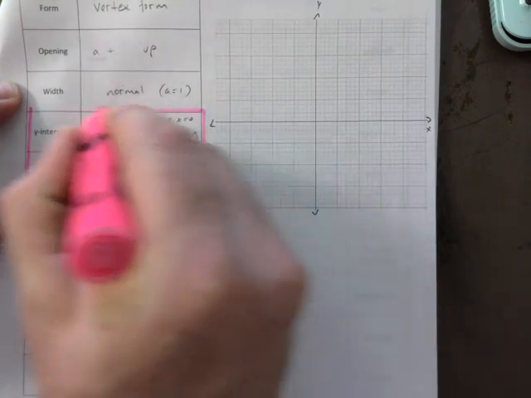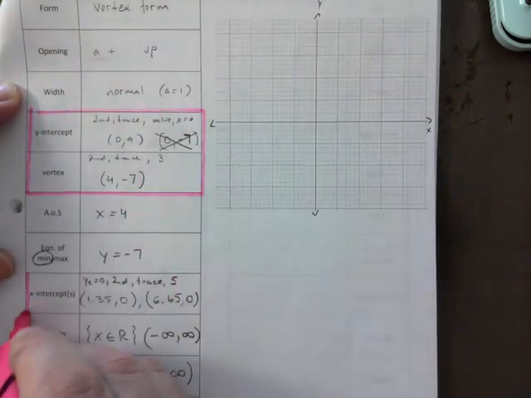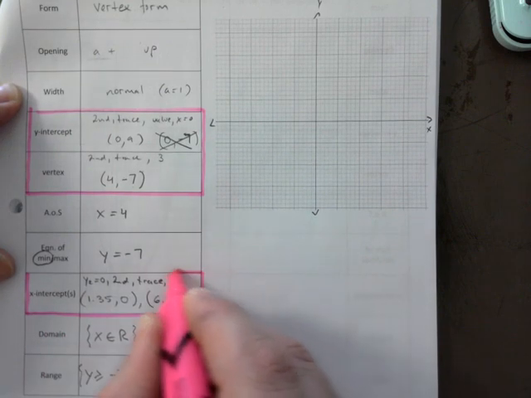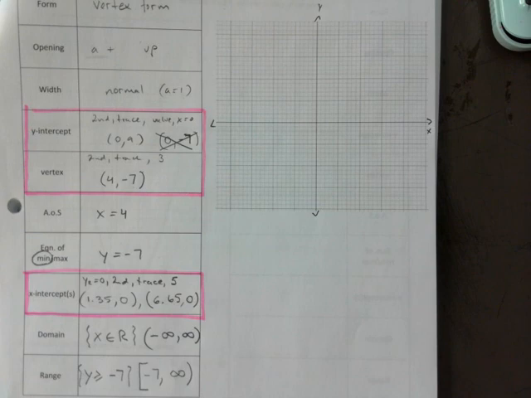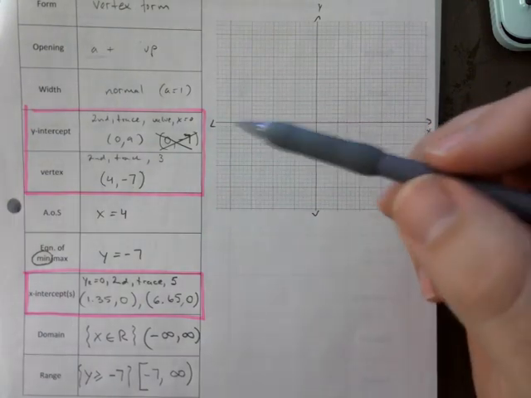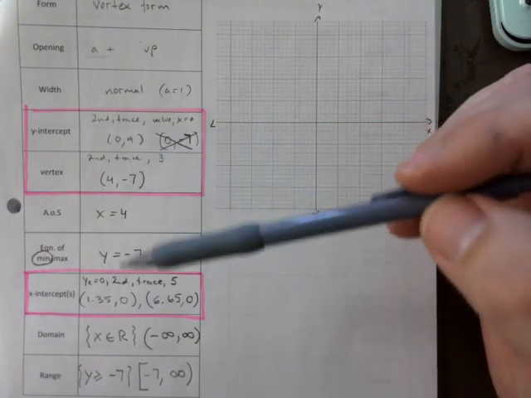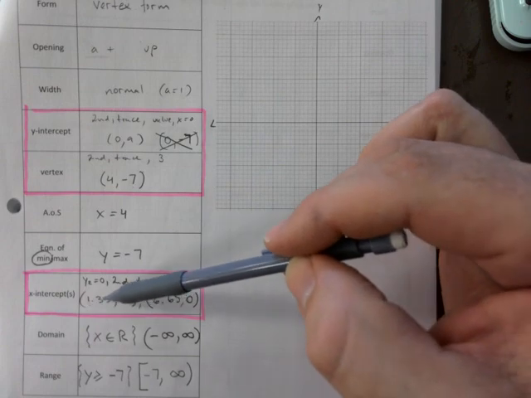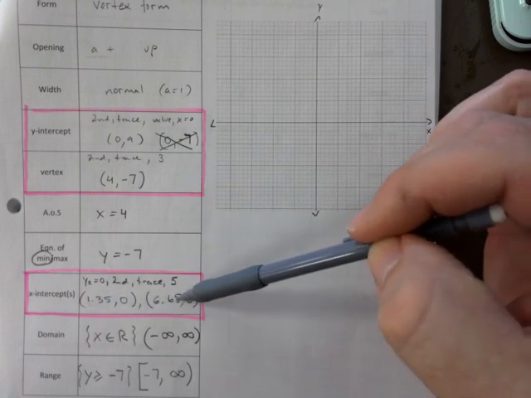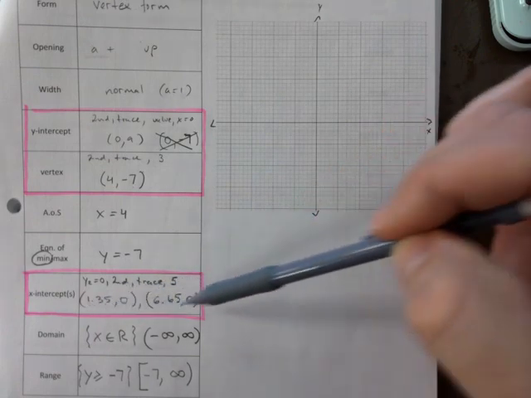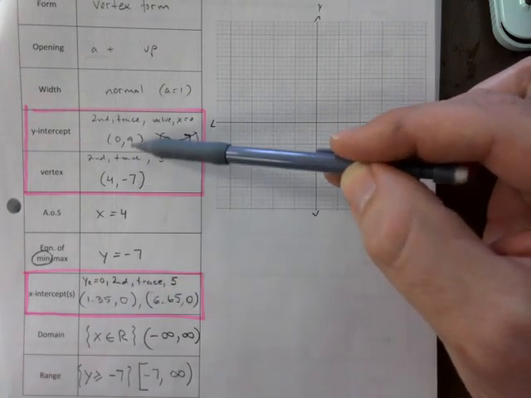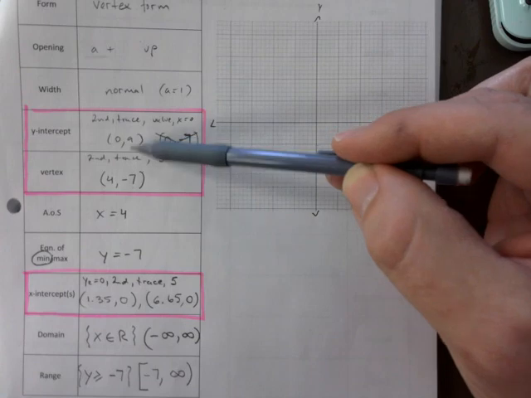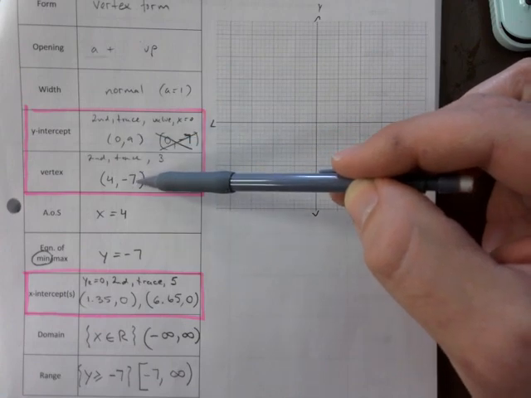These are the key players in figuring out what kind of scale I need to use, okay? So I'm looking at the x-intercepts, 1.35 all the way to 6.65. Not a big deal at all, small numbers. I look at my y values, all the way to 9 positive, -7. So not a big deal at all.